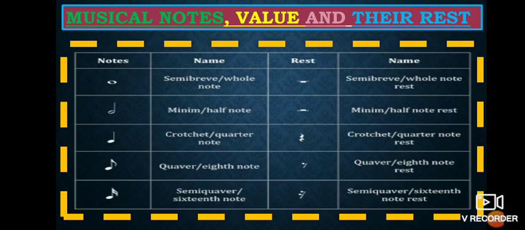And move to the next one, which is quaver. Quaver looks like crotchet, but it has tails on the stem. Quaver has a stem, crotchet has a stem, but the difference between the two is that quaver has tails on the stem.